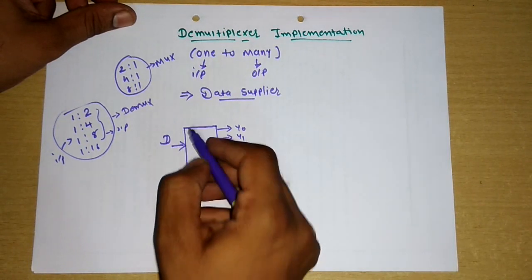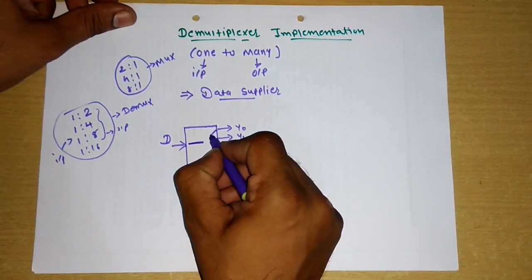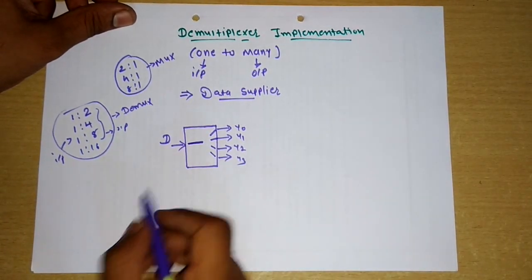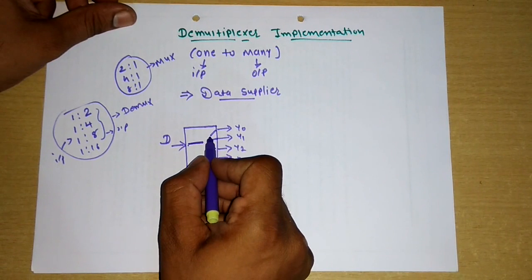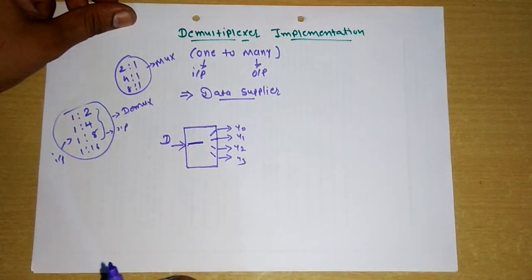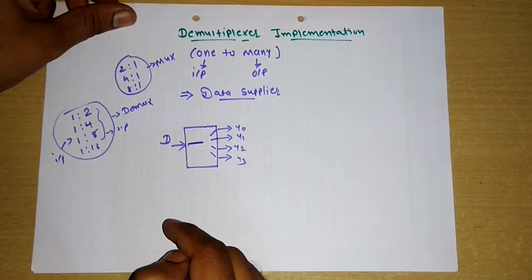It provides this data line D to any of these output lines. So this line is going to be connected either to y0, or to y1, or to y2, or to y3. It can connect to only a single output, right?